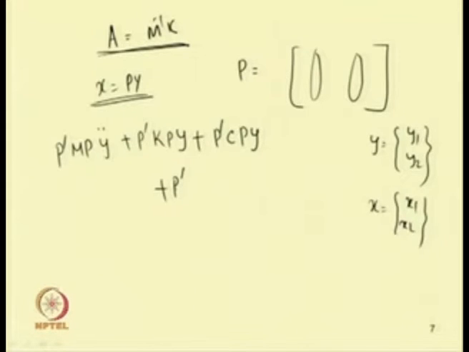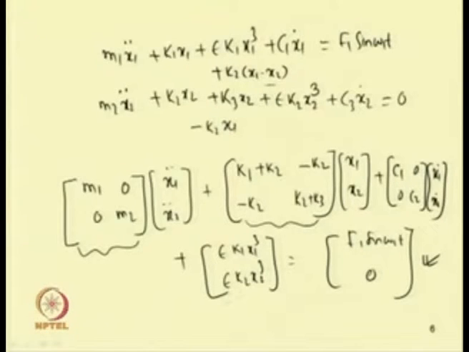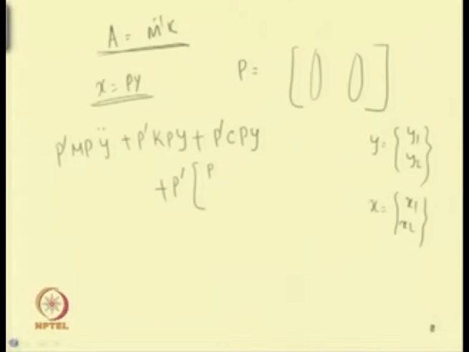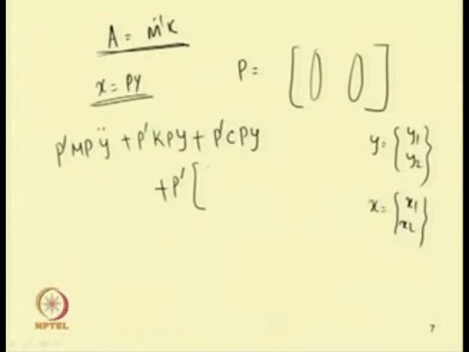Now by substituting this, we can write this nonlinear part epsilon k 1 x 1 cube and epsilon k 2 x 2 cube. We can write the nonlinear part also by multiplying this P transpose into P 1. So, we can substitute that thing.